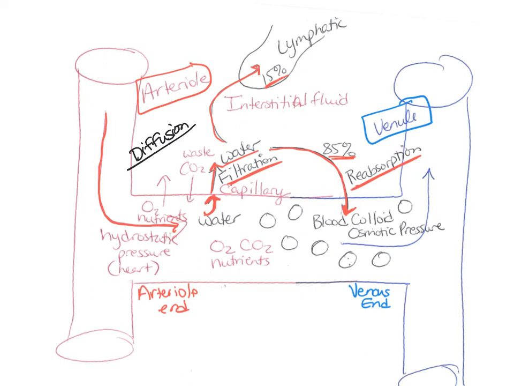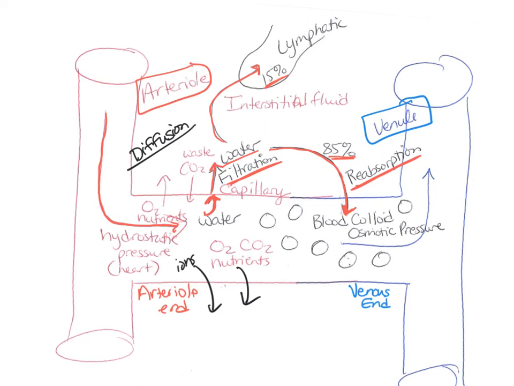So we will see diffusion. For example, certain ions can diffuse across, and they go from high to low. Nutrients will diffuse across. They're going to go from high to low concentrations. So that's diffusion.